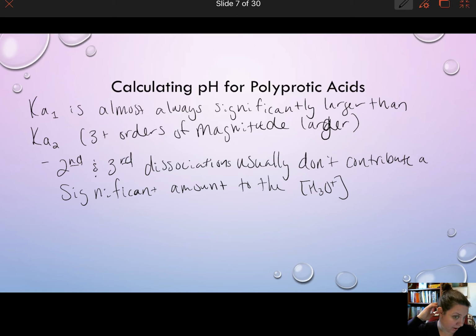The only example where that's not true is sulfuric acid.